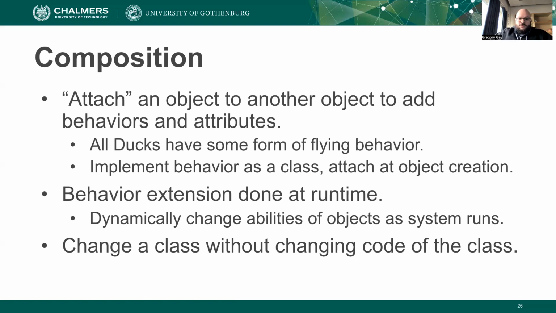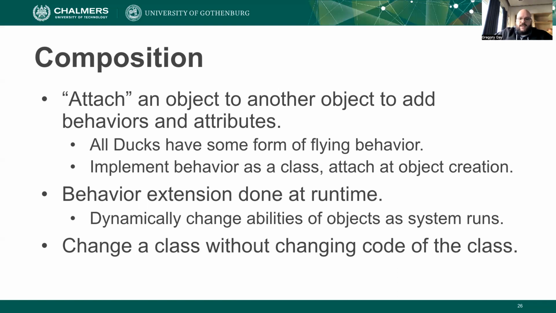We want to enable robots to move. Some robots move differently than others. Some might not move. Inheritance can't deal with that kind of situation easily. But we still only want to write our code once and reuse it. So we took those moving behaviors and we implemented them as their own class. Then we attached the appropriate one on object creation.